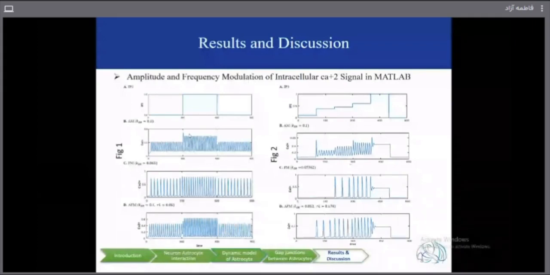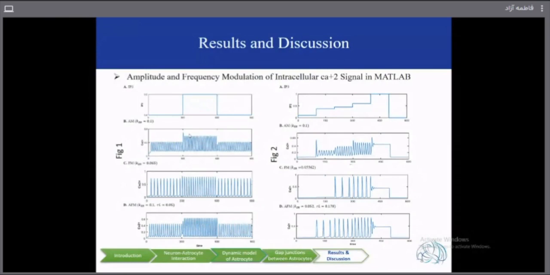The second row in figure 1 shows the results of AM mode with the value of K_AER equal to 0.1. Depending on the value of K_AER, calcium dynamics switch from AM to FM mode and vice versa.